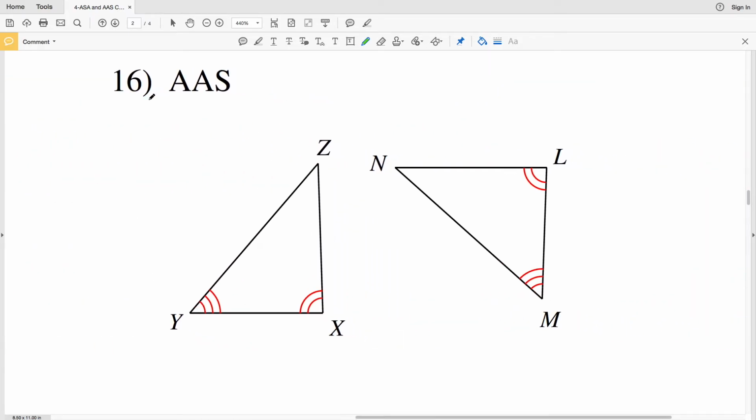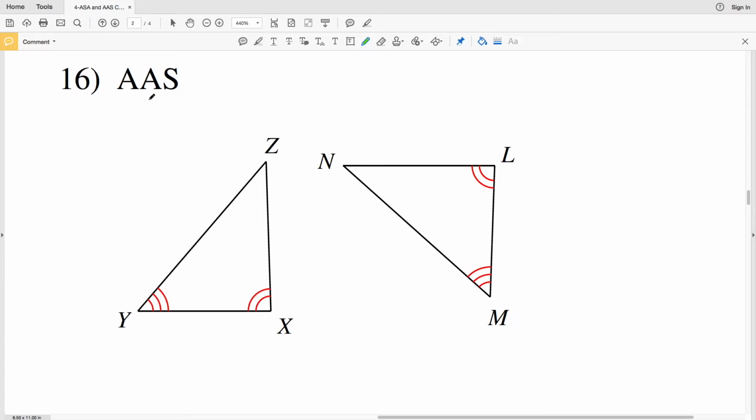And number 16, again, our reasoning is AAS, and it gives us our two angles. So we need to make sure that the congruent side is not included. So there are two non-included sides. We can say that YZ is congruent to MN, or the other non-included side is this side here.